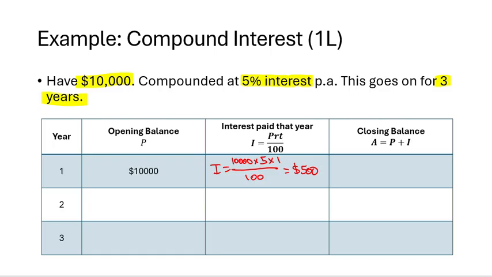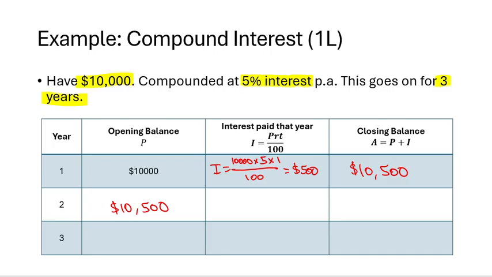And then after that, you add this $500 that you found from the interest to your principal. So you'll end up getting $10,500. Now, the key important thing is because this period has ended, whatever I had in the final balance from the previous year, that will now be my new principal for the following period.